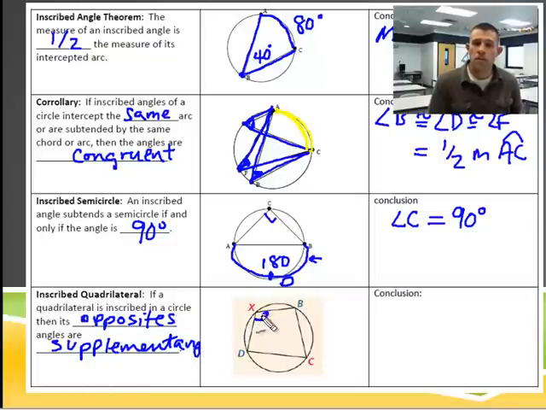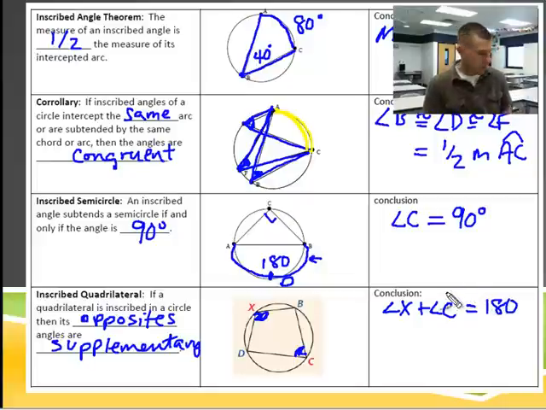So opposite means they're not adjacent, they're not consecutive. Opposite would be like angles X and C. So angle X plus angle C would be equal to 180 degrees. Likewise, we'll change colors here. Angle B and angle D would also be equal to 180 degrees.